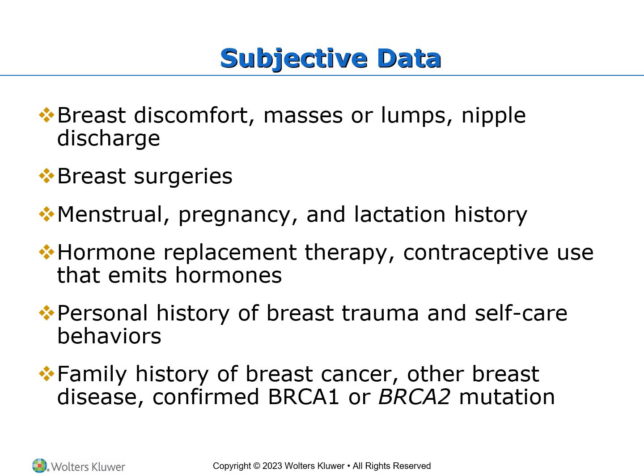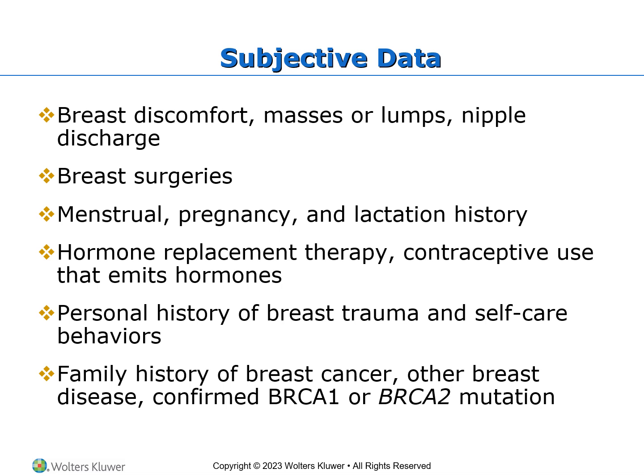Any history of breast surgeries, we want to ask about previous breast surgeries, including biopsies, lumpectomies, mastectomies, breast augmentation, or reduction procedures. Surgical history may alter breast anatomy and affect assessment findings. Menstrual, pregnancy, and lactation history, so those hormonal fluctuations throughout life influence breast tissue.